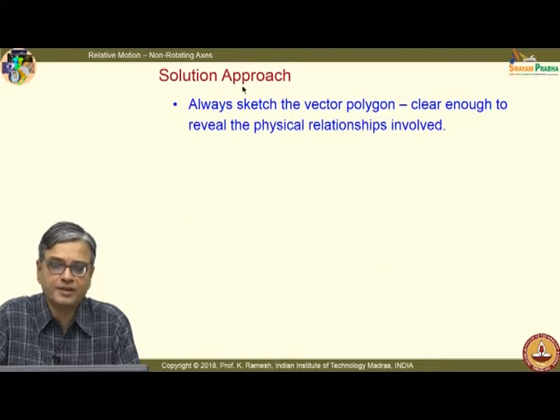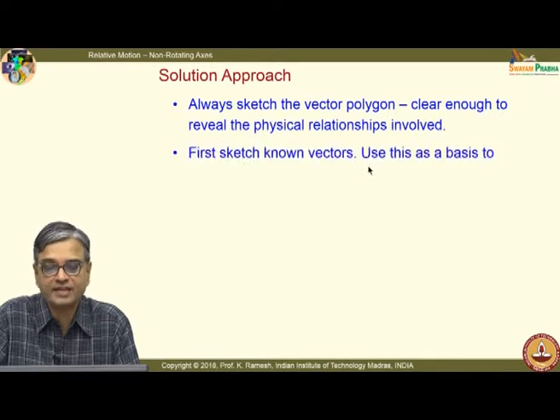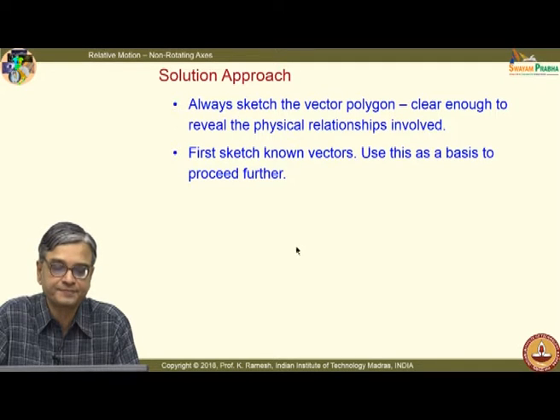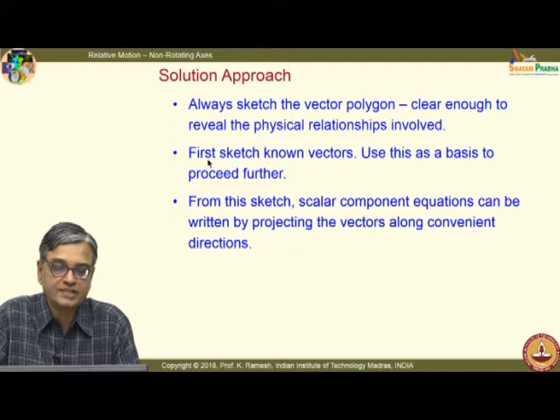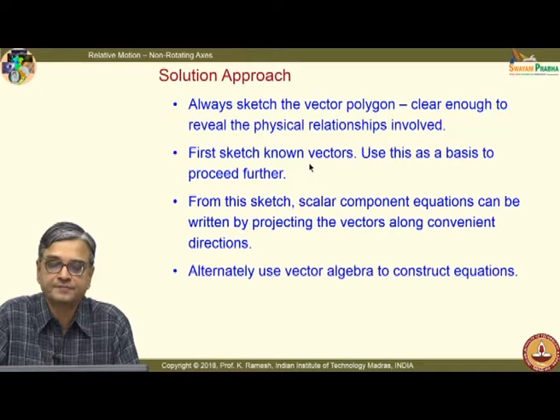So, what is the solution approach? Always sketch the vector polygon clear enough to reveal the physical relationships involved. This is where sketching is very important for engineers. So, sketch known vectors, use this as a basis to proceed further.